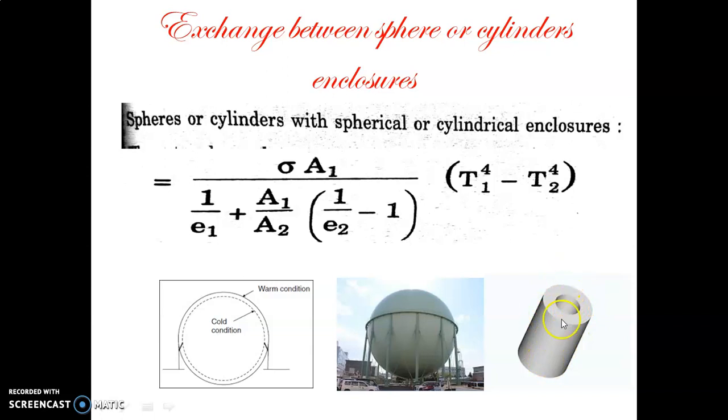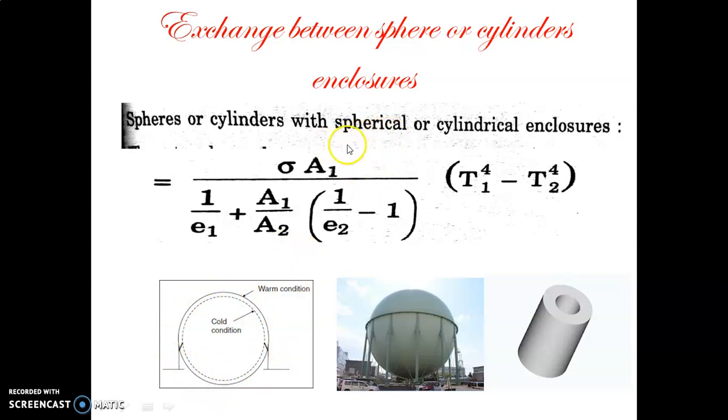Or we can say the steam pipe is an example of a cylinder enclosure. And sometimes a sphere is enclosed by another sphere. If we look at this figure, there is a sphere and this sphere is again enclosed by another sphere.